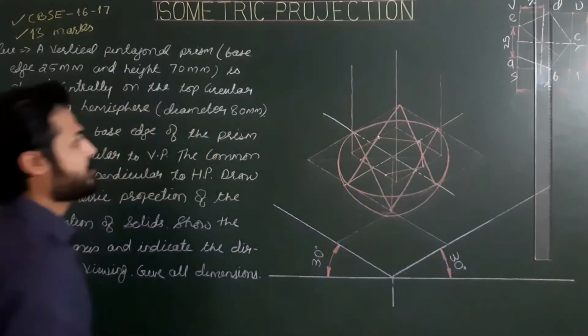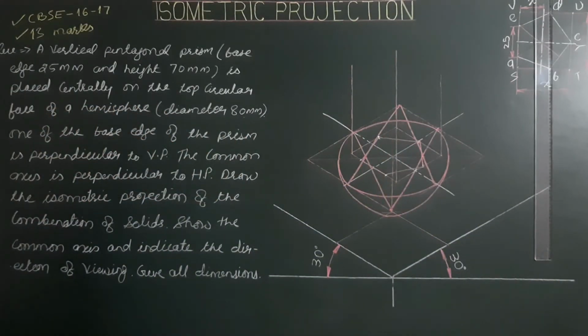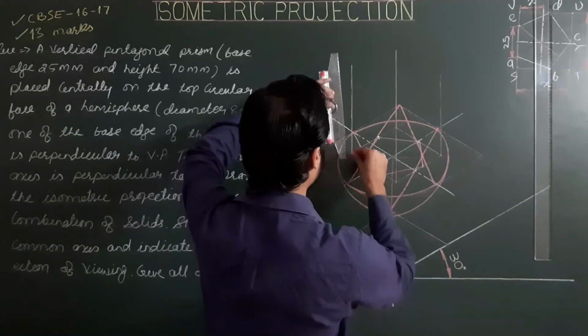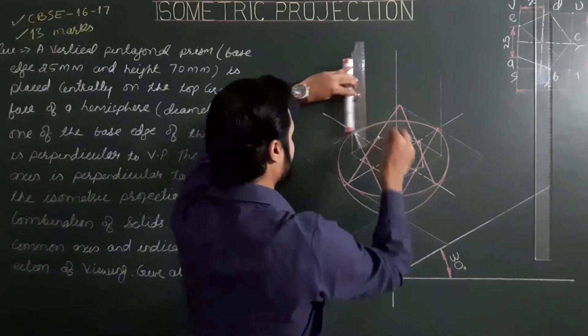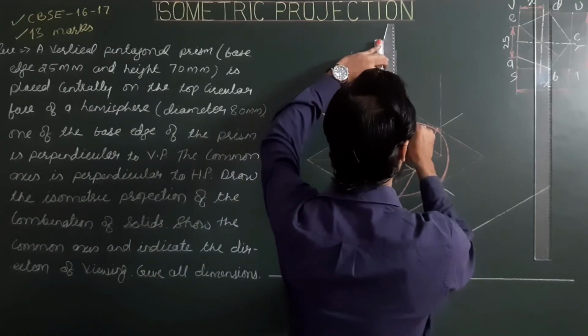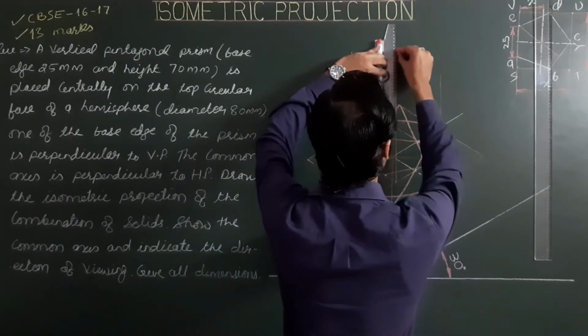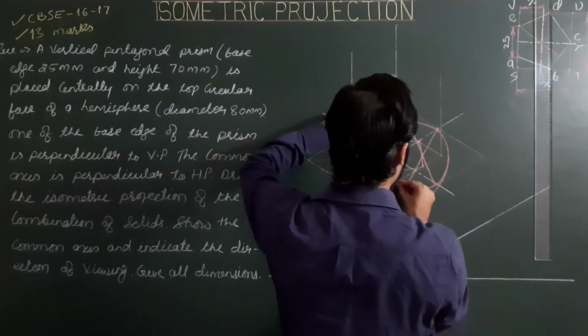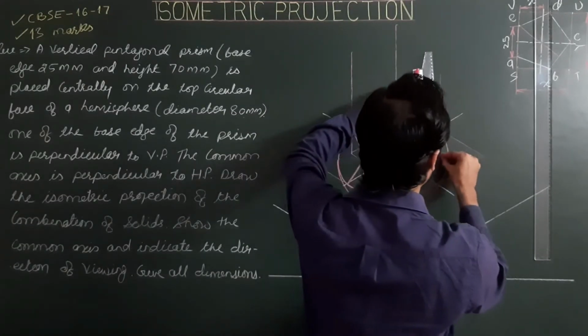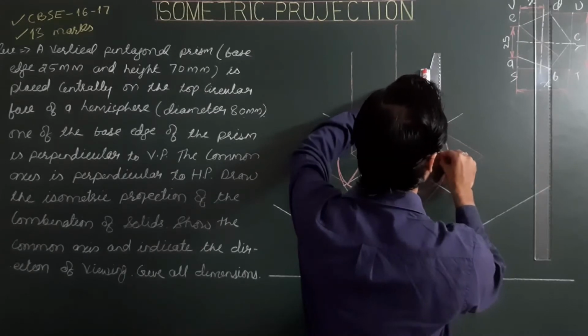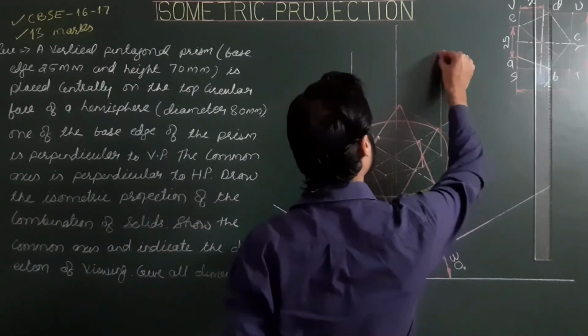Okay, so we have to mark limits of ISO 70 along this axis. ISO 70 from the first corner, ISO 70 from the second corner, ISO 70 from the third corner, and ISO 70 from the fourth corner.